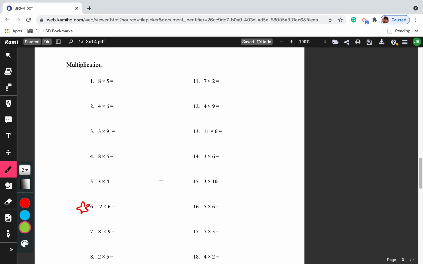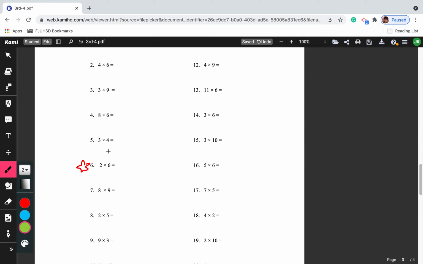Simple. Okay, multiplication. It's basically a number added a certain number of times. For example, what is 2 added 6 times? Or what is 6 added 2 times? So what we can do is set up groups, little boxes, and put 6 of them.